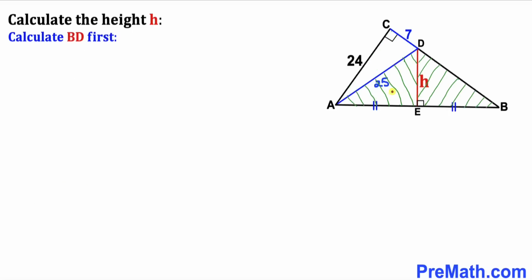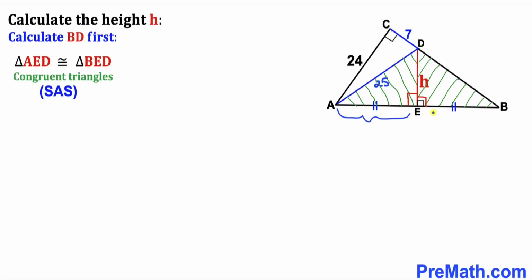And here's our next step. Let's focus on these two right triangles. Since this angle is 90 degrees, this angle has got to be 90 degrees as well. So therefore we can see that these two right triangles AED and BED are congruent triangles, since this side length is equal to this side length and this side is in common.